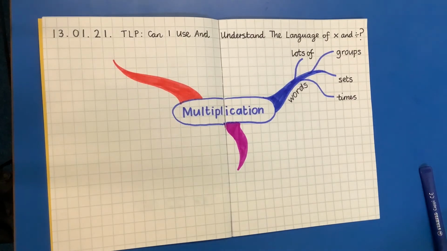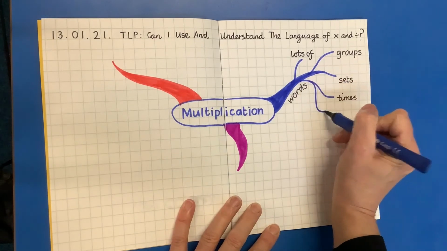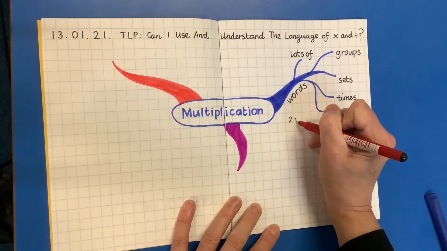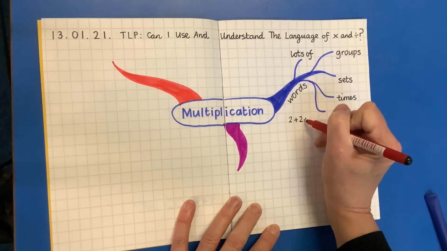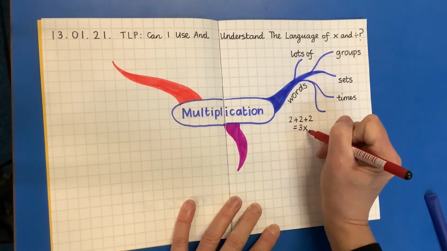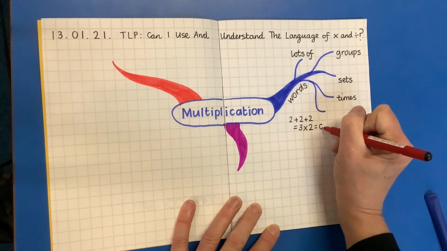Earlier I talked about how if you add the same number to itself, that's when you can use an add sign. So for example, we've got 2 plus 2 plus 2 equals 3 lots of 2, which is 6.